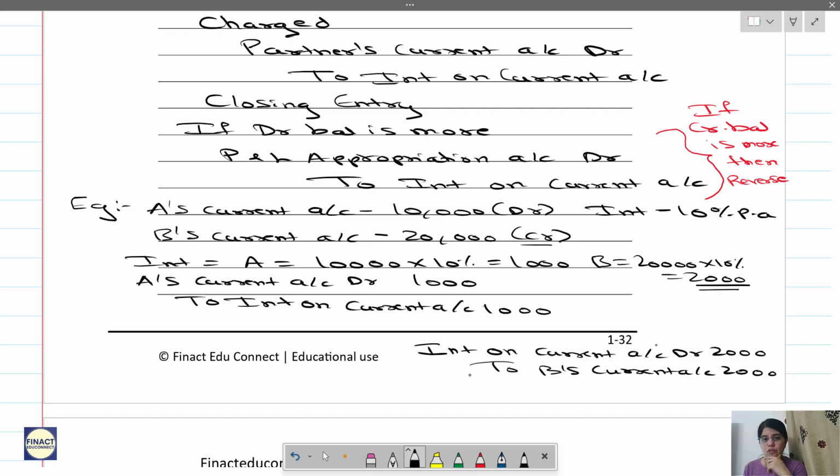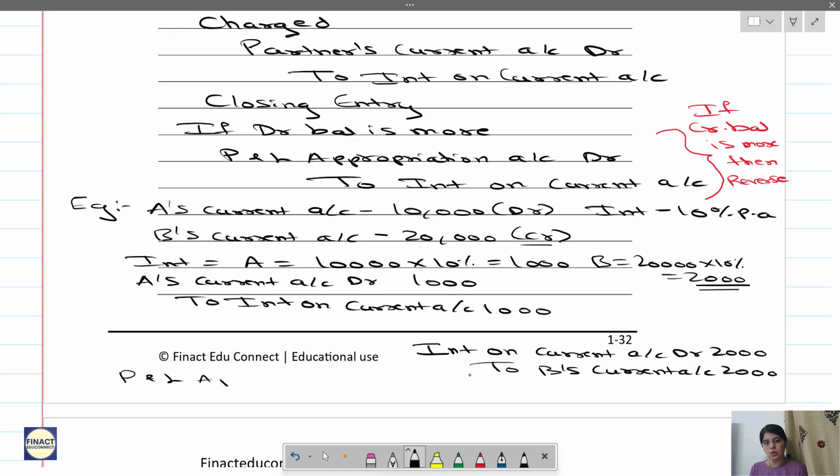Now if you see interest on current account, there is a debit of 2,000 and credit of 1,000. So interest on current account has a debit balance of 1,000, 2,000 minus 1,000. So the debit balance is more, so we have to transfer it to profit and loss appropriation.